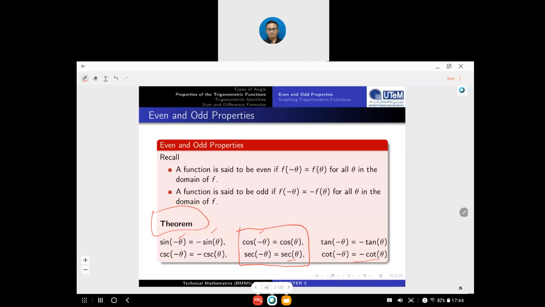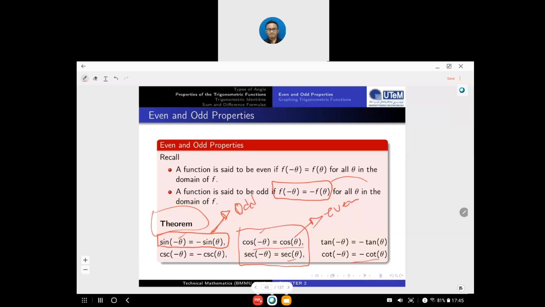If we refer to this theorem, we can see that sine is an odd function because sine of negative theta equals negative sine theta. And cos theta is an even function, because cos of negative theta equals cos theta. Tangent has some asymptotes, but it is more of an odd function.